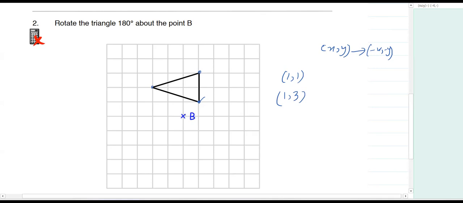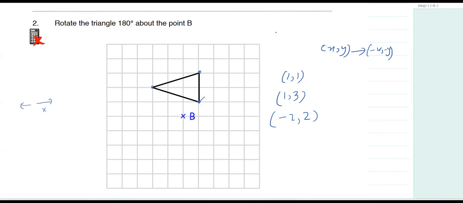What about this one? You are going 2 horizontal on the left and then 2 vertical up. So minus 2, 2. Okay, it's minus 2, 2 because you are going on the left side. Always remember, if you go on the right side, x will be positive. If you go on the left side, x will be negative. So you wrote the coordinate of these points. No, minus 2, 2, please, because you are going on the left side horizontally.